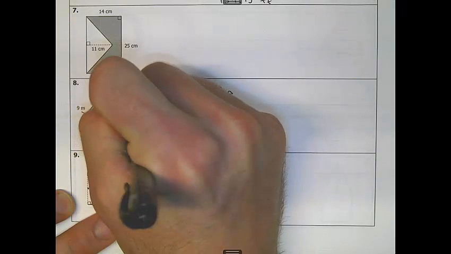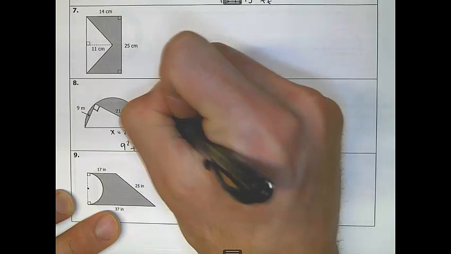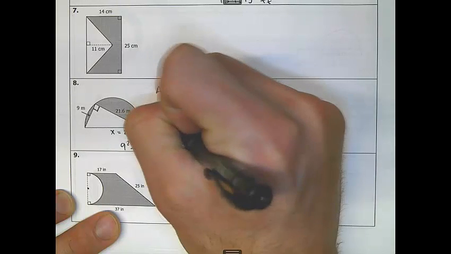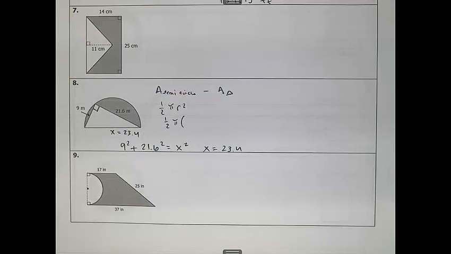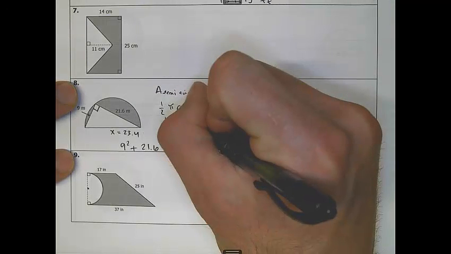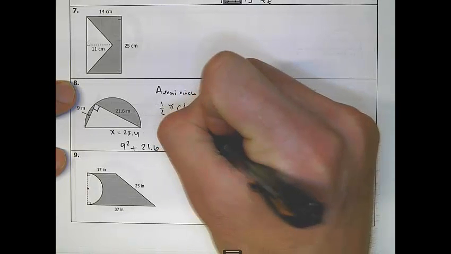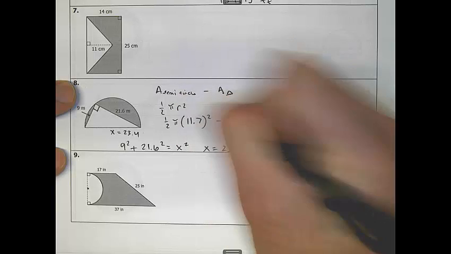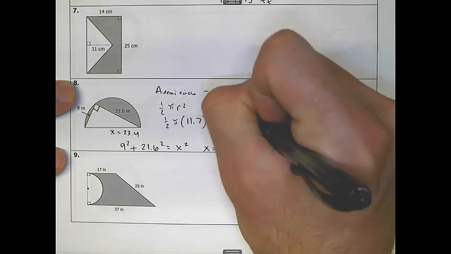All right, so we now know this is 23.4, and that's what we're going to need to find the area of the semicircle, because that is 1/2 pi r squared. So now we have our r, which is half of 23.4, which gives you 11.7 squared. All right, and then we still have the area of the triangle. The area of the triangle is 1/2 base times height.